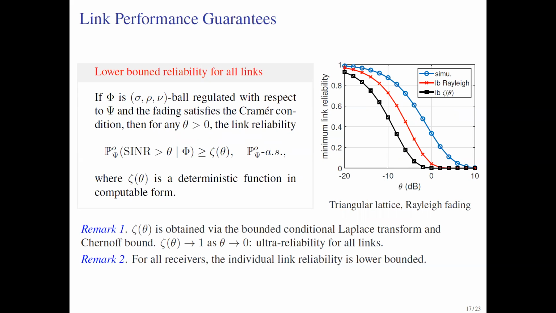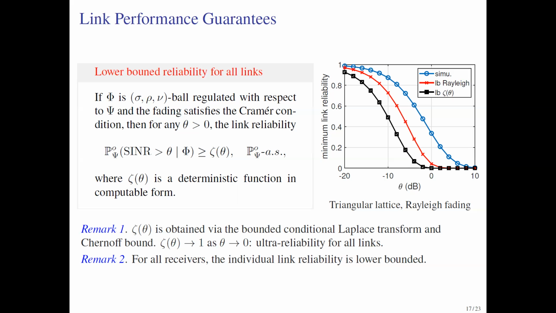So on the right-hand side, I plot the figure of a realization of a device-to-device network, and the blue curve is the simulated result for the minimum reliability for all links in the network.